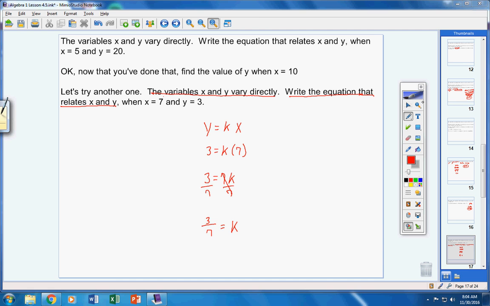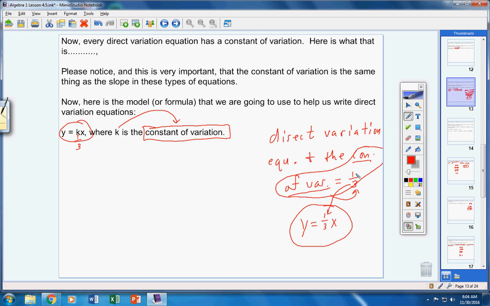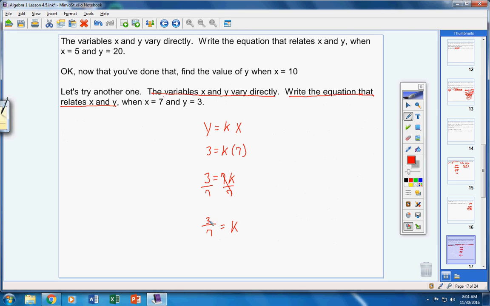So once you know, let's go back to my example earlier. Once you know your constant of variation, you simply write y equals, and put the constant of variation right here next to the x for your coefficient. So here's my constant of variation, so here's my answer. There you go. Done. Finished.